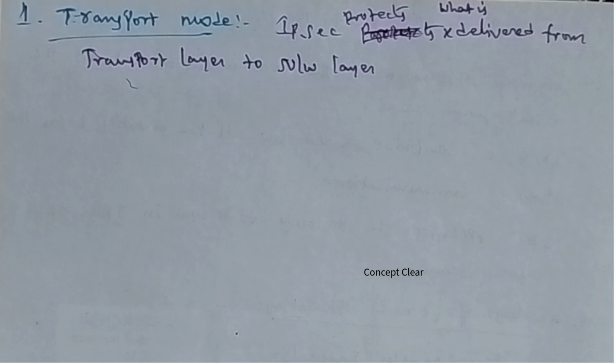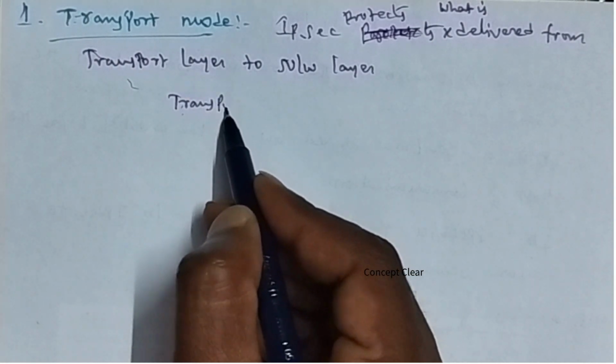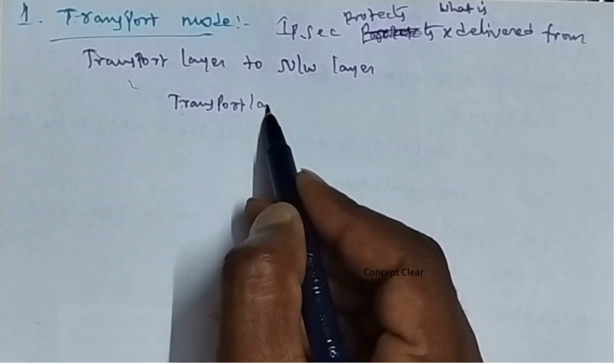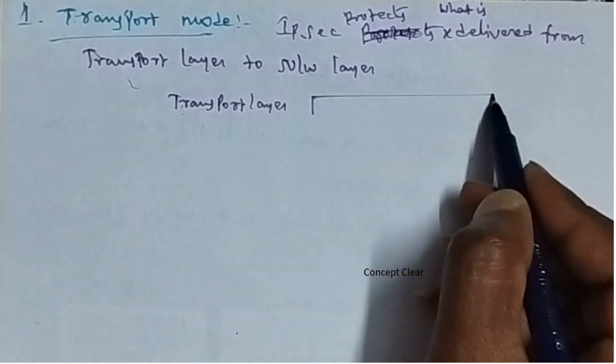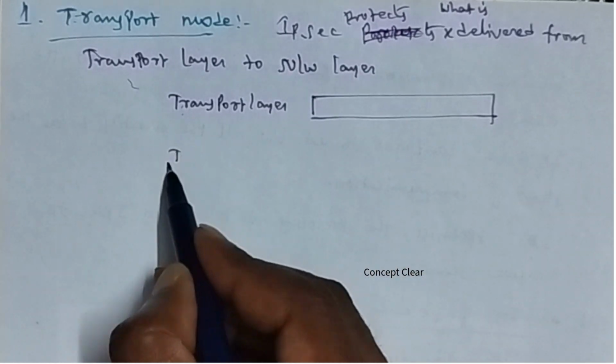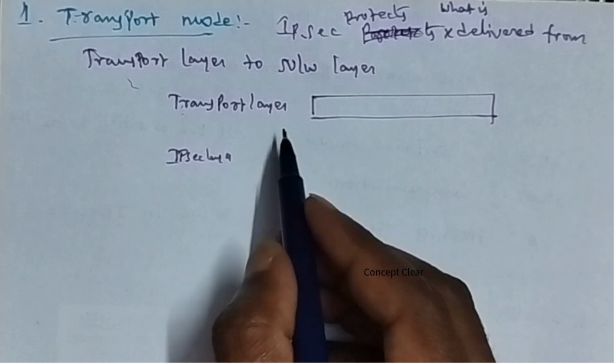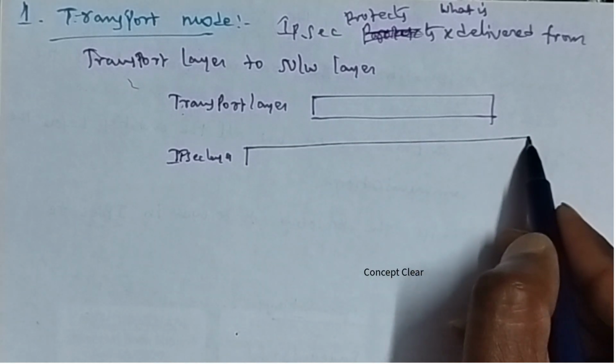In other words, the transport mode protects the network layer payload, and the payload is to be encapsulated in the network layer. Okay, what is the diagram for transport mode? Here is the transport layer, and it protects the transport layer and the IP security layer.